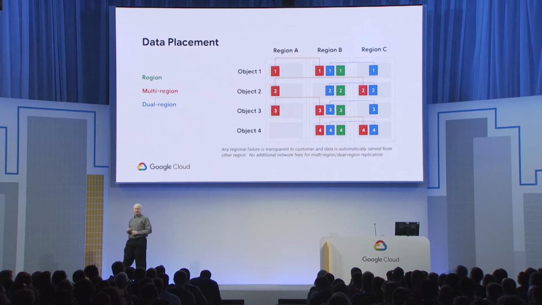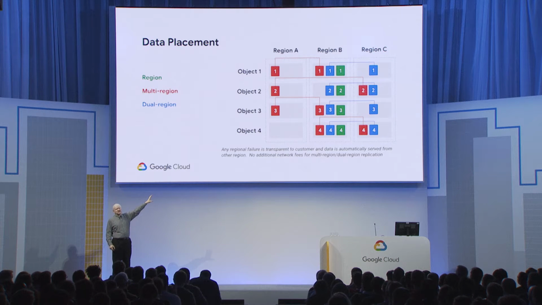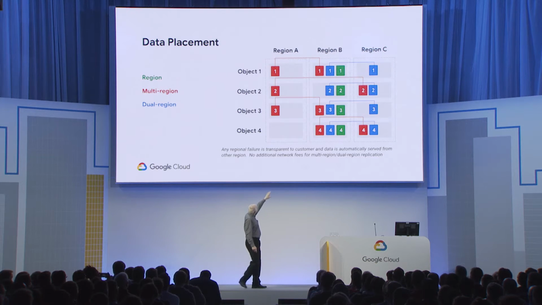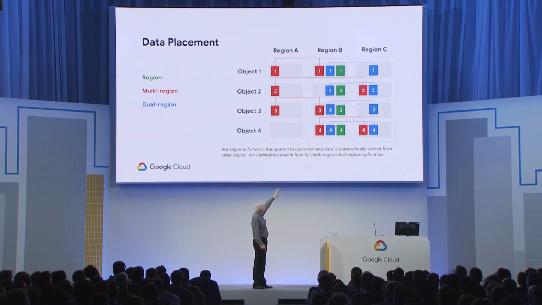Graphically, if you think about four objects, you can think about each type of object having flexibility in different ways. Our green objects are regional objects, which are located in a single region.